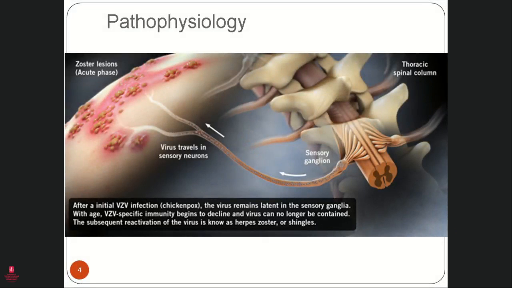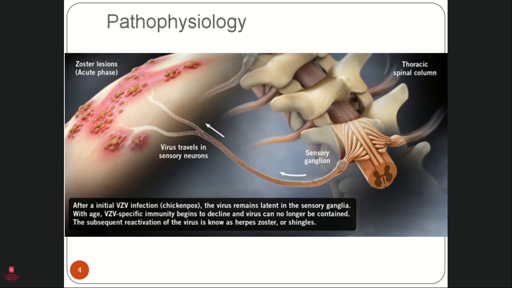About pathophysiology. The causative organism varicella-zoster virus is a member of the human herpes virus subfamily Alphaherpesvirinae, and like all herpes viruses, is a DNA virus. The virus enters through the respiratory system and colonizes the upper respiratory tract.